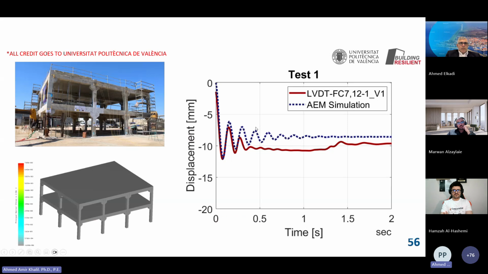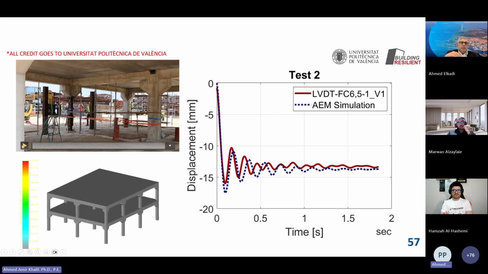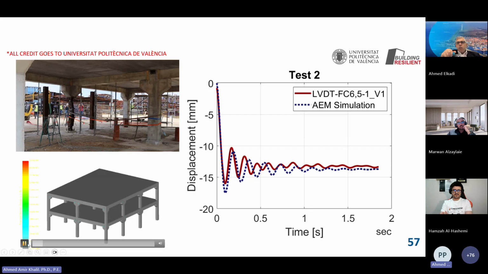going to happen. First, this is a case with a lower load. And in this case, they remove the column, but the structure does not collapse. And then they do another one with bigger load and bigger deformation. You can see the deformation here, and same behavior was predicted in the applied element model that was done ahead of the full-scale test.